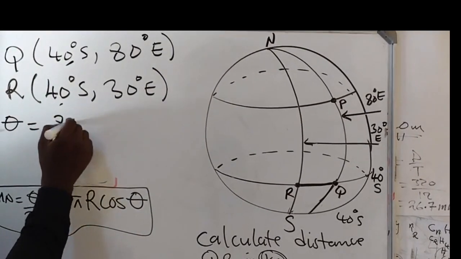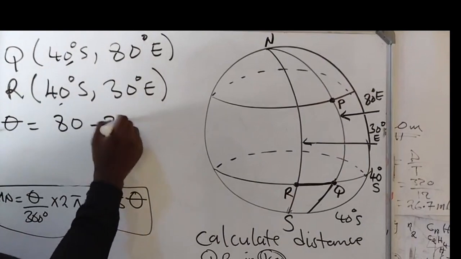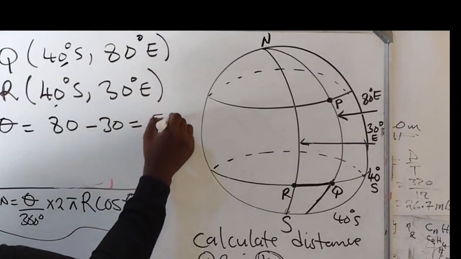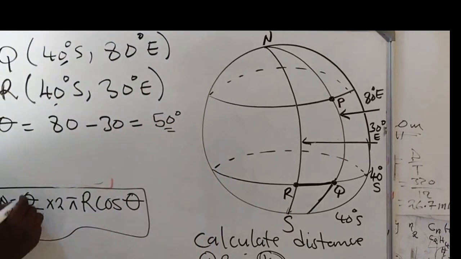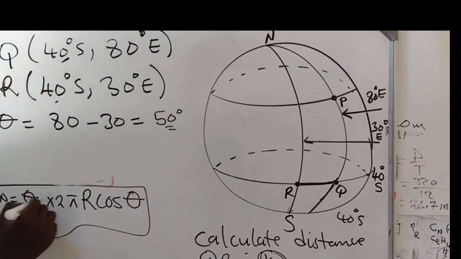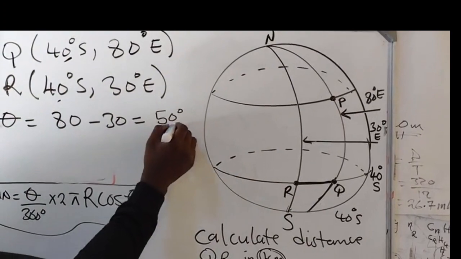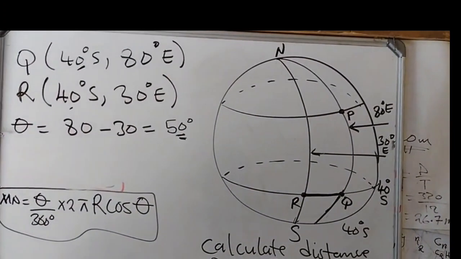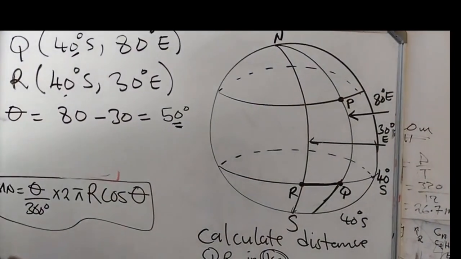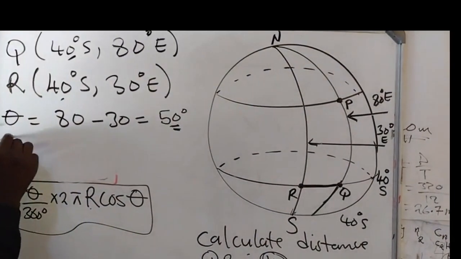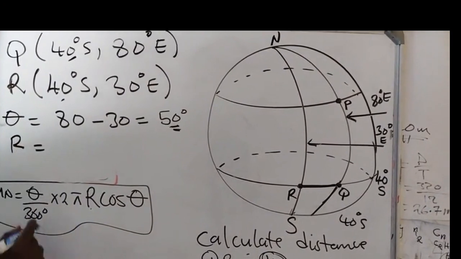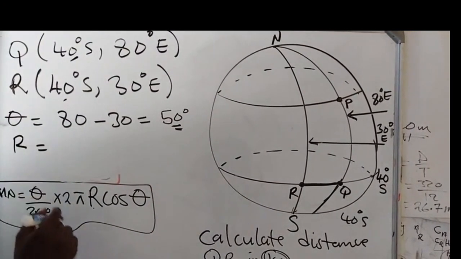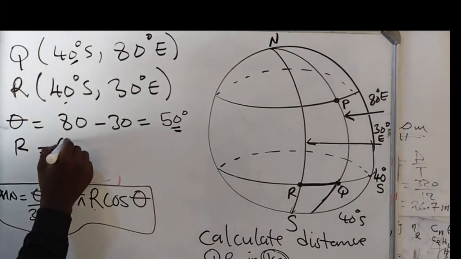We say 80 minus 30. The difference in longitudes will be 50 degrees. So where there is theta, we're going to put 50 degrees. Can we proceed? Now, this is the radius of the earth, which has been given, which is 6370.